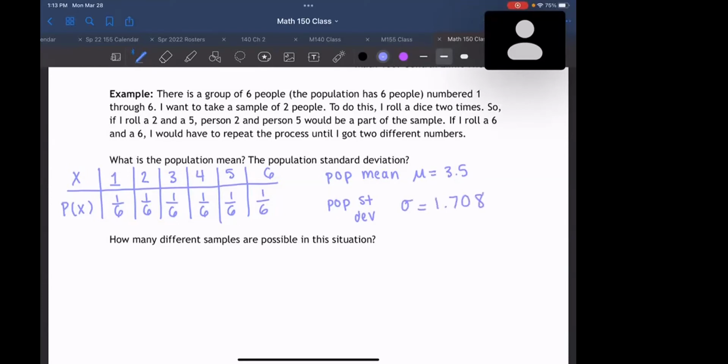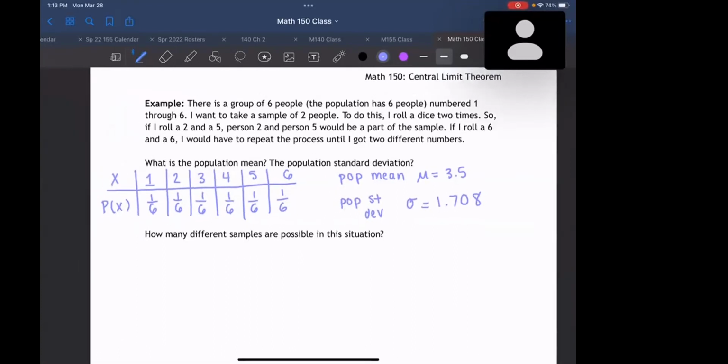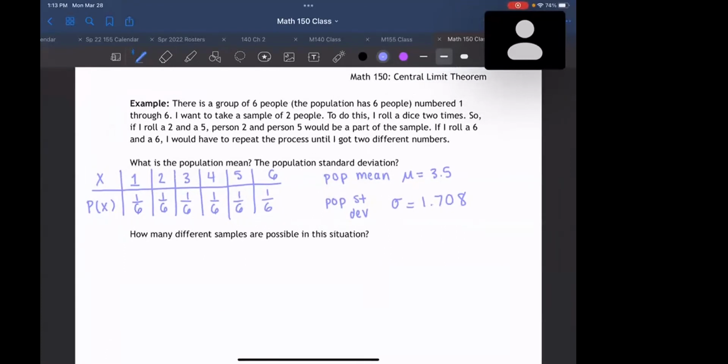Okay, so just keep this in mind as we go through this activity that our population mean was 3.5, population standard deviation was about 1.7. Okay, here's the big question. How many different samples are possible in this situation? Any ideas?